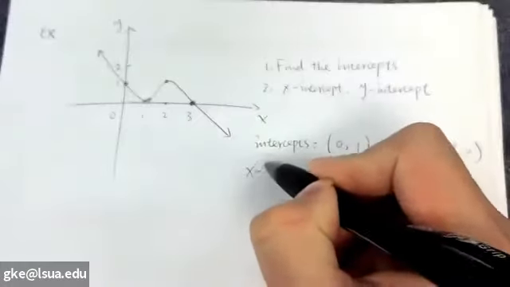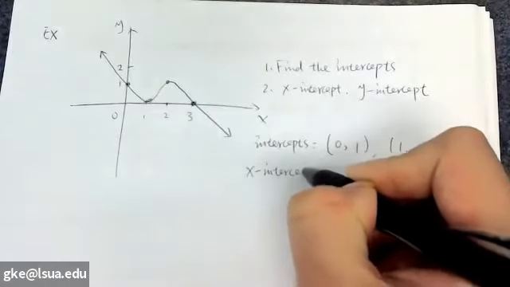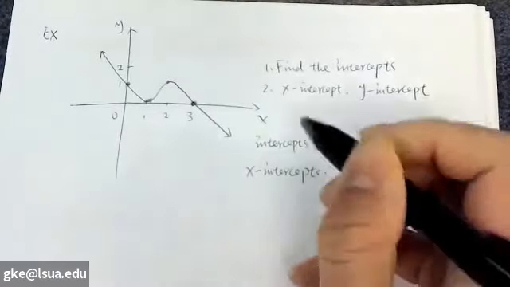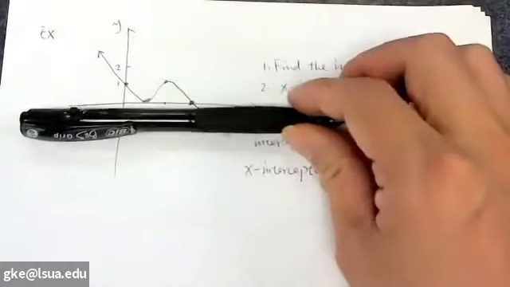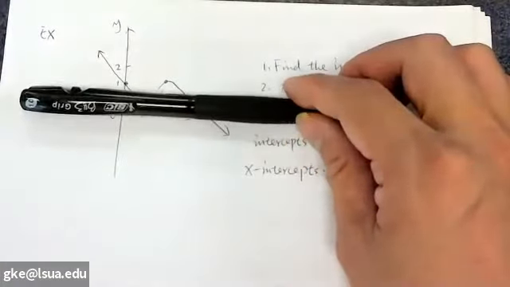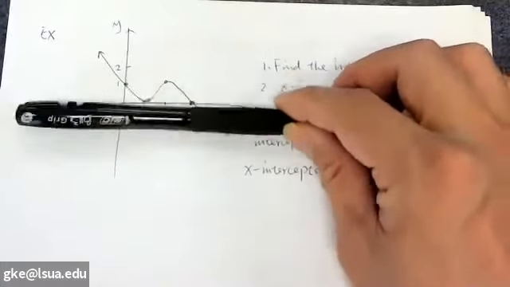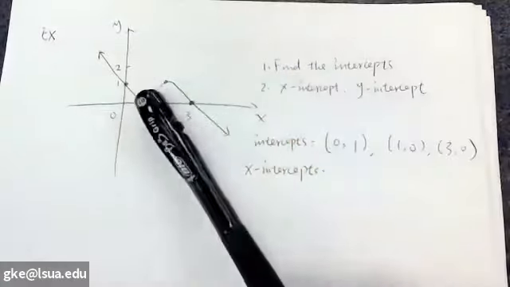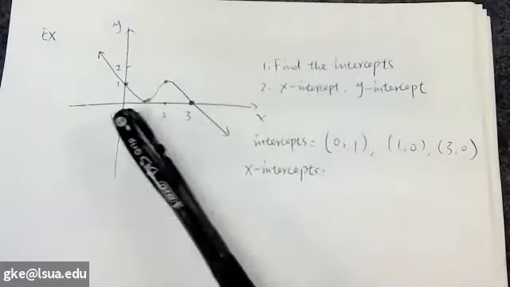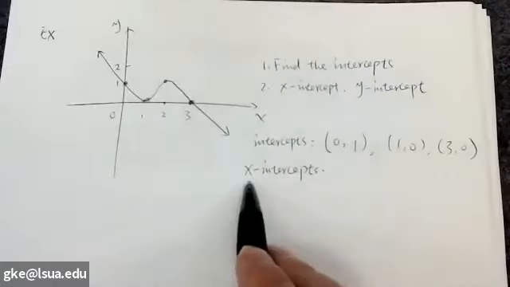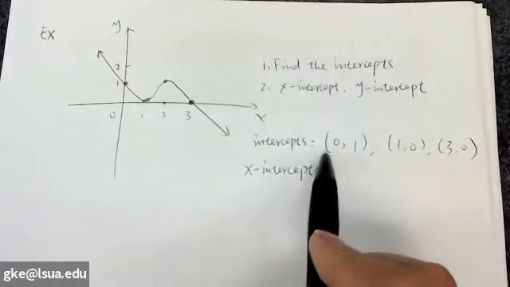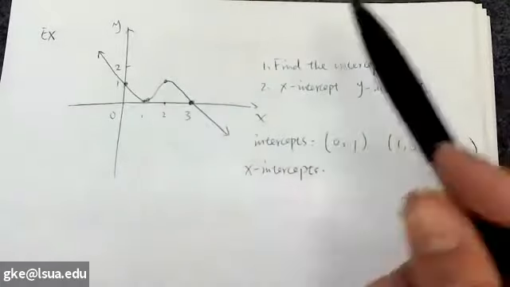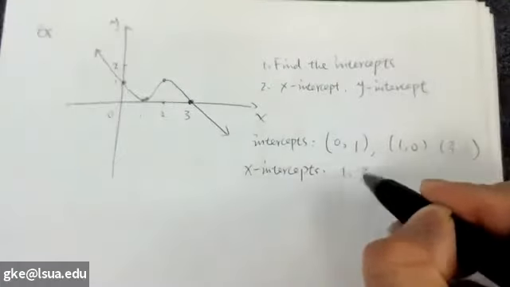For x-intercept, is the curve crossover or touches x-axis, right? X-axis, how many points? Just 2 points. So for the x-intercept, it's only about x coordinates. It's a value. So here is 1 and 3. We have 2 x-intercepts.